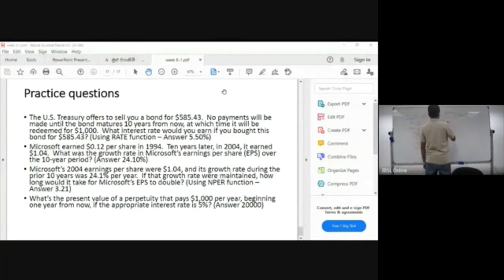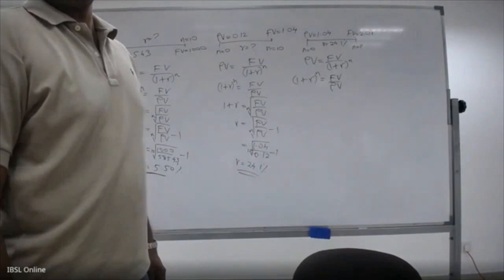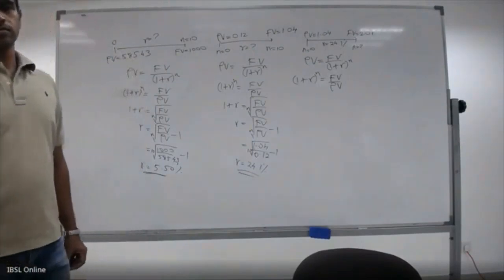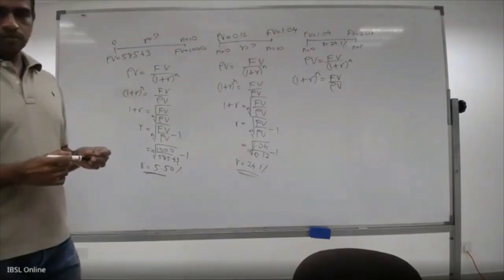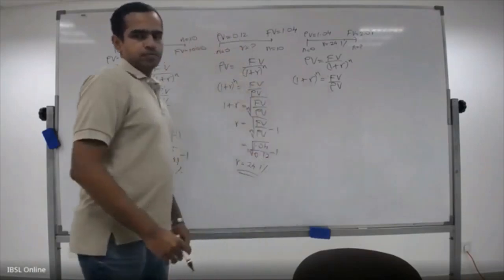Okay, so let's use the present value formula. Future value over (1 plus r) to the power n. So (1 plus r) to the power n is future value over present value. What we need to find is n. How do you find n? You need to take the logarithm, right?